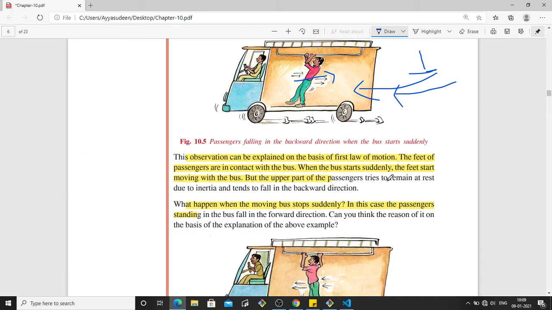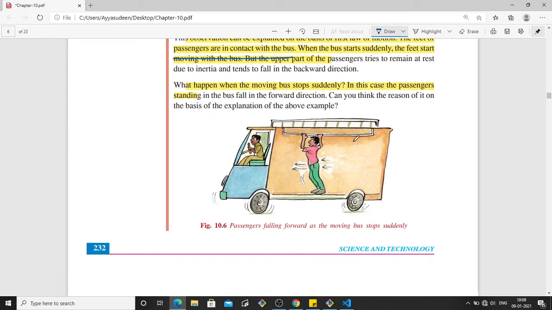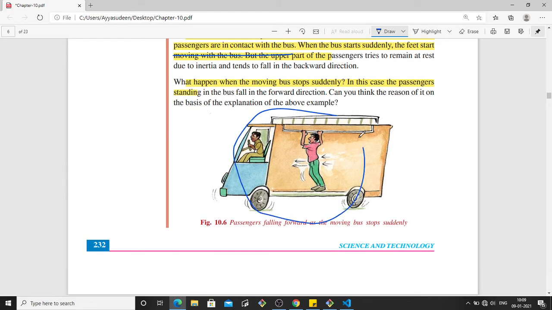These are all due to inertia. The feet of the passengers are in contact with the bus. When the bus starts suddenly, the feet start moving with the bus, but the upper part of the passengers tries to remain at rest due to inertia and tends to fall in the backward direction. This is an example of what happens if the moving bus suddenly stops.